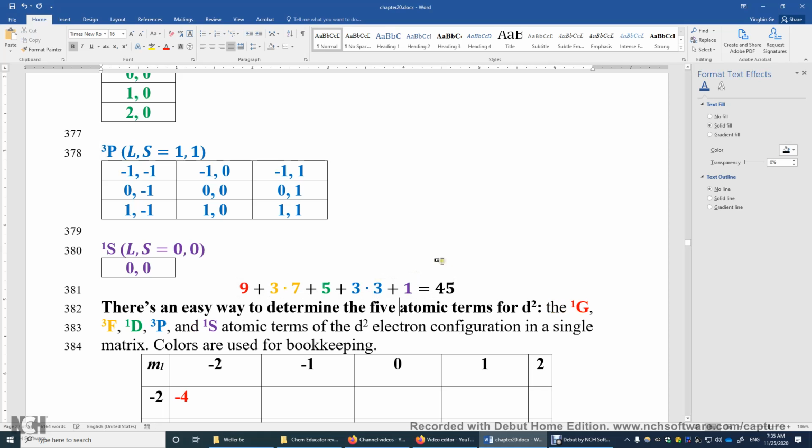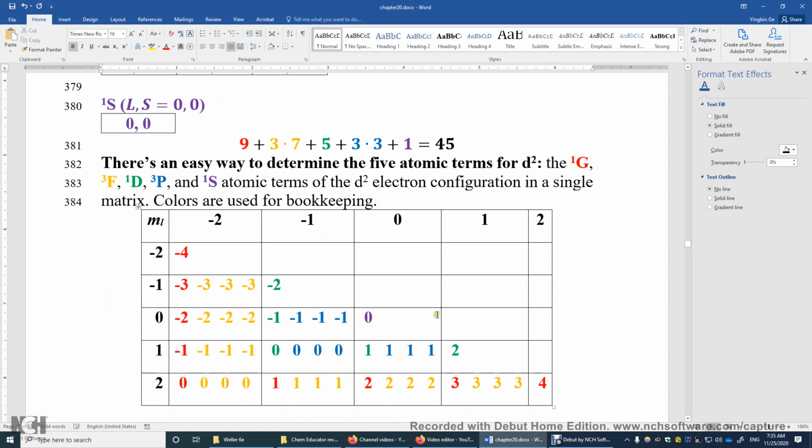So I'm going to show you this table. In this table, it's actually M sub L and M sub L in the rows and in the columns. And then we're going to put the electrons into those boxes.